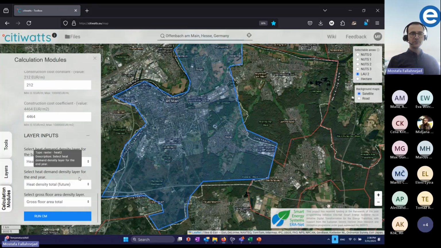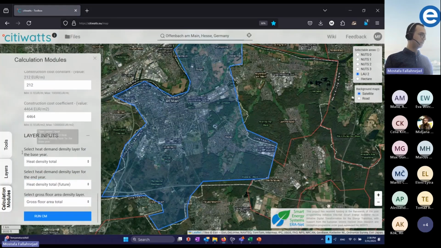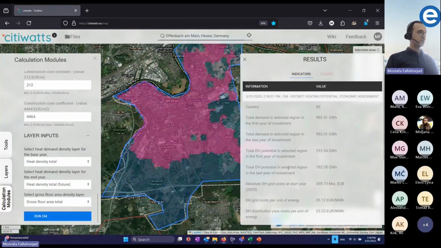If you want to use your own layers from the user account, you just need to pick the right one. If you don't want, you just stick to the default data and then you run the CM. So let's wait a few seconds until the calculation is being done.